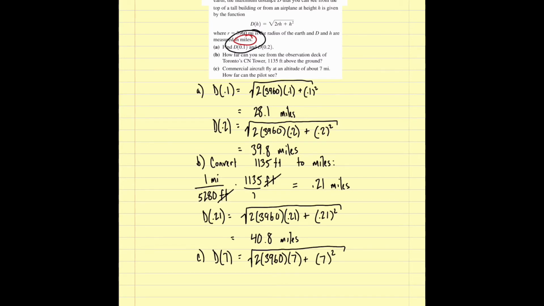Okay, and just calculate that using a calculator. The first time I did this, I got 235.6 miles. So at a height of 7 miles, you can see for 235.6 miles.